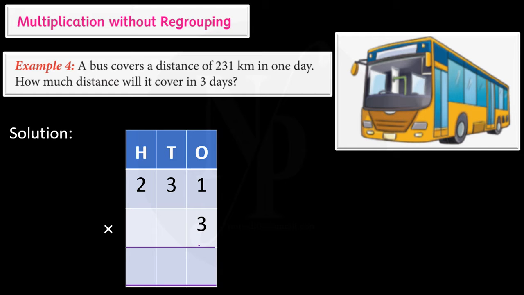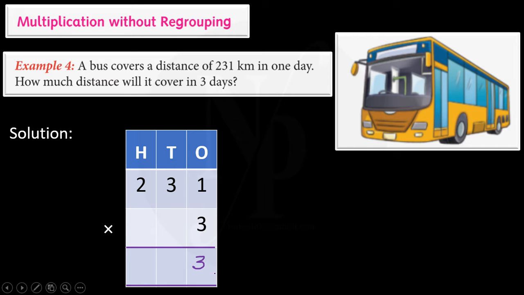So in the first step, we will multiply the digit at ones place by 3. So when we do that, we get 3 ones are 3. So we write 3 here in ones place.